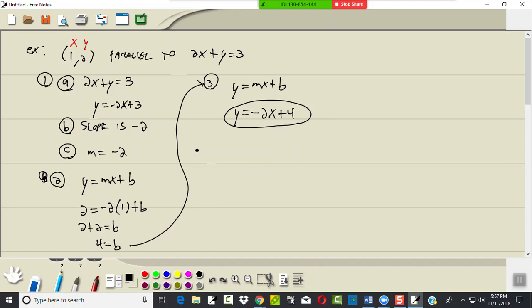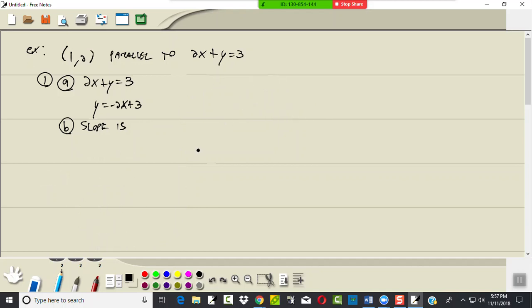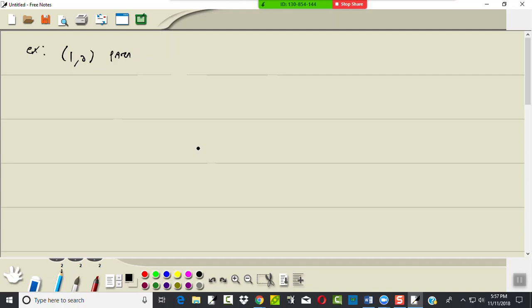Okay, let's take a look at a perpendicular example. I don't remember what I had, something like 2x plus y equals 3 or something like that.